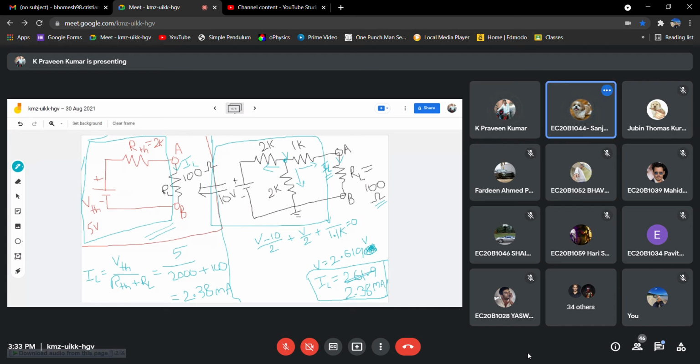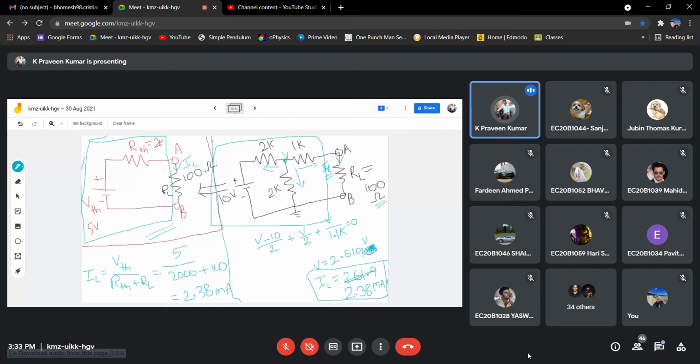Don't get confused. We are verifying whether this Thevenin equivalent circuit is giving the same response as the original. Understood?